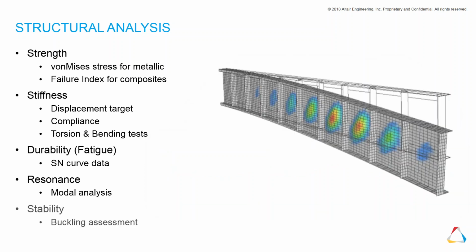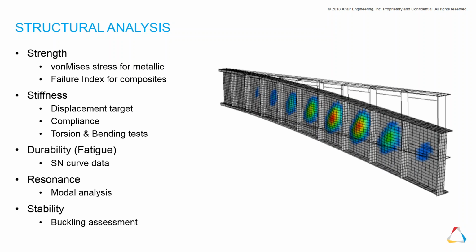And then finally, on an individual component level, we need to look at stability. This is whether, under a compressive load, an individual component is going to fail due to buckling. Again, this will be a catastrophic failure mode, so it's very important to assess each component for buckling.